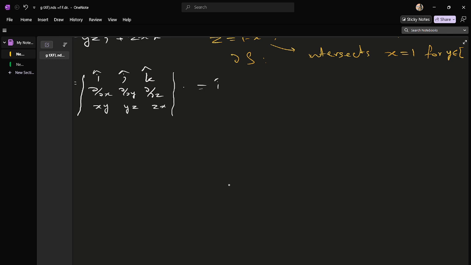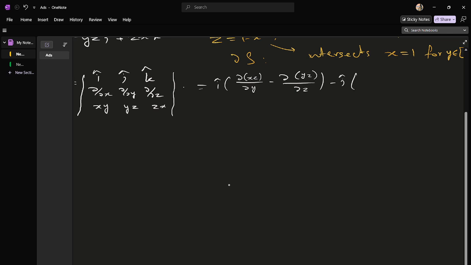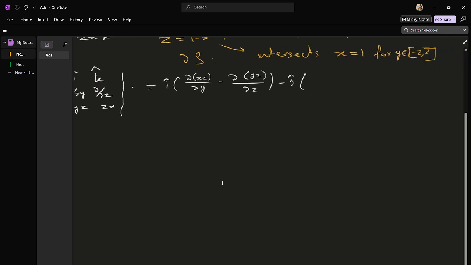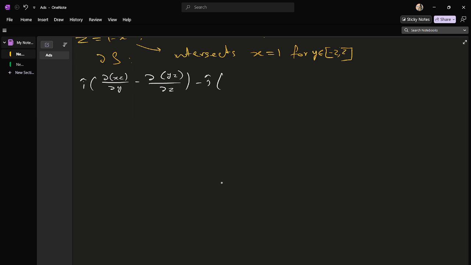Then we will get i cap times del of xz by del y minus del of yz by del z. Then minus j cap will be common, and we get del x of zx and del z of xy.